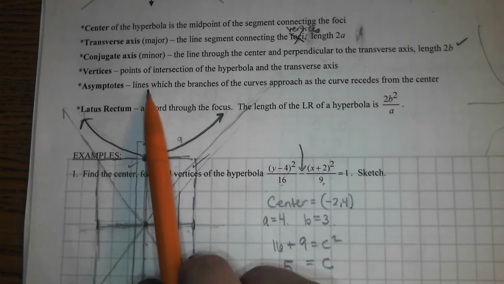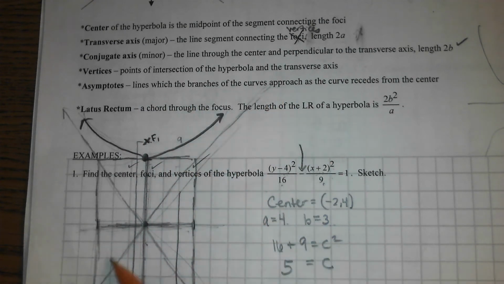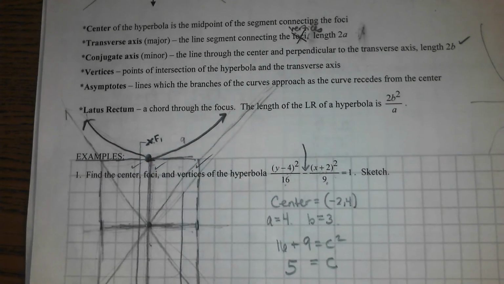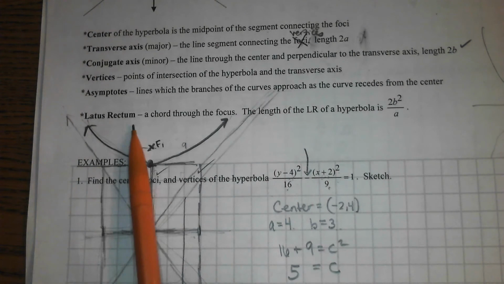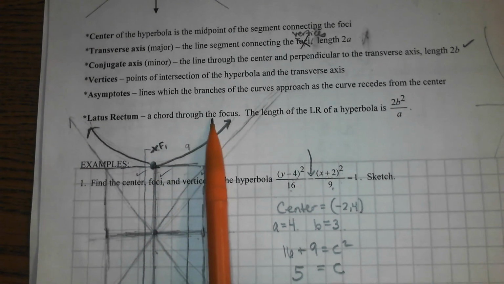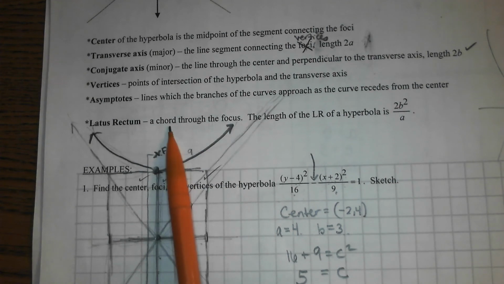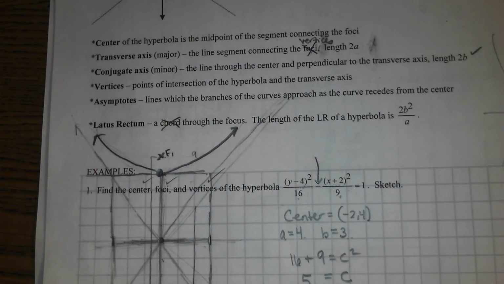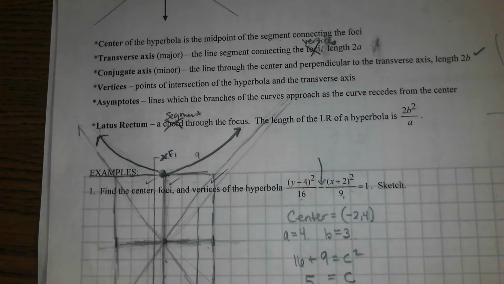Your asymptotes are these lines which the branches of the curves approach. These are those asymptotes right here. Do you follow? Okay? And then we have a latus rectum here too. A chord through the focus. It's not really a chord anymore because it's not an ellipse, but it's a segment, we'll say, through the focus.